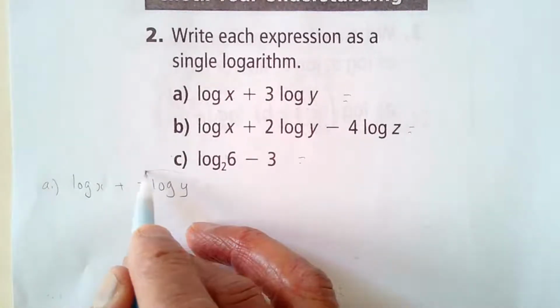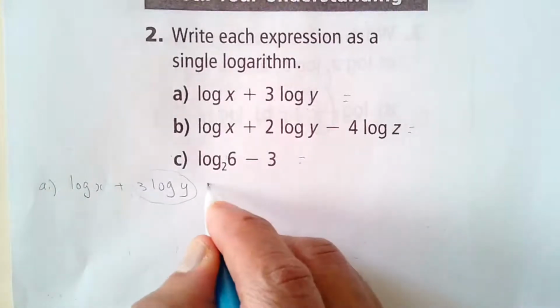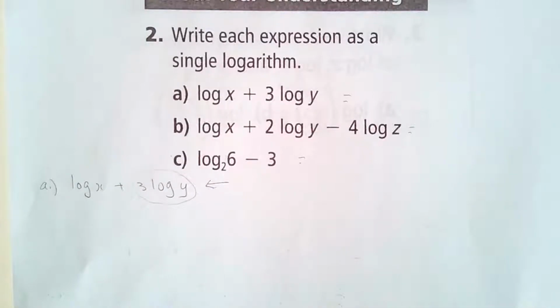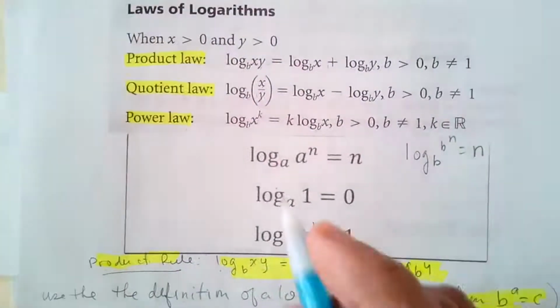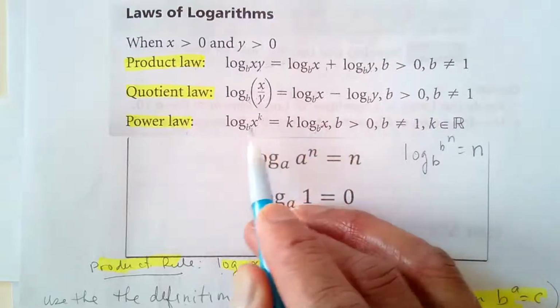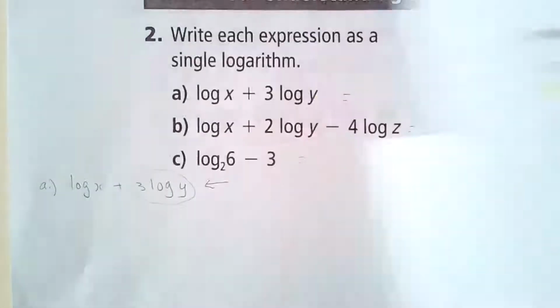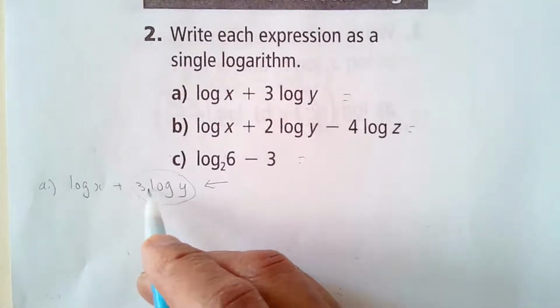For this part here, we want to write this as a single log. We're going to reverse it. We're going to use the power law. Now your power law: k log base b of x is equal to log base b of x to the power k. So we're going to reverse this.